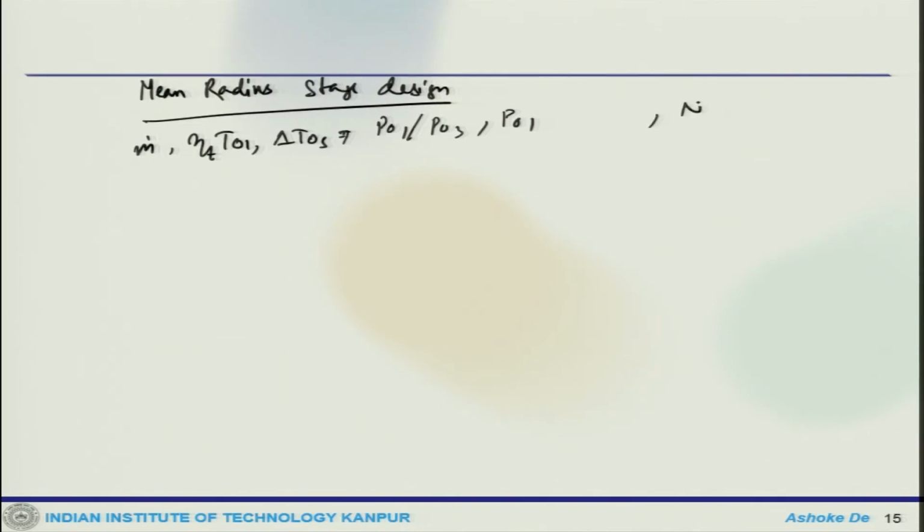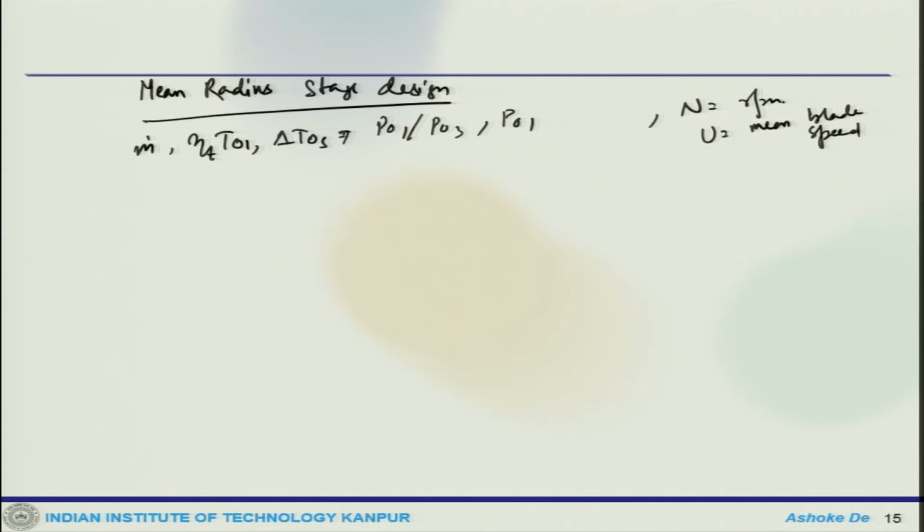Now, N is the rotational speed or RPM, and mean blade speed is U. This mean blade speed is restricted by the rotational stress criteria and they have to be satisfied.